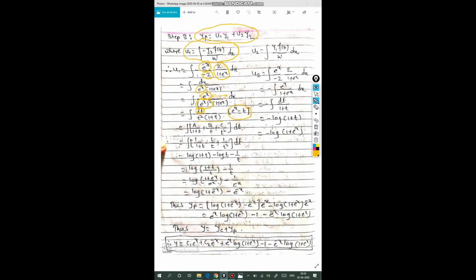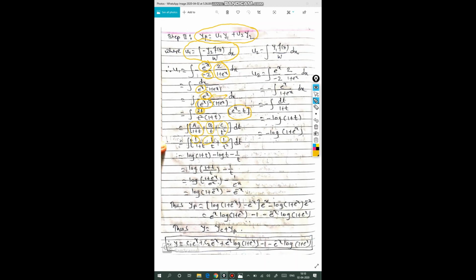To integrate this, the factors are in the denominator, so partial fractions: A upon 1 plus t plus B by t plus C by t square. This is the partial fraction for the linear factor and the repeated factor t. We have to find the values of capital A, B, C. You can find these values by partial fractions. I have written directly: the value of A will come 1, the value of B is minus 1, and the value of C is plus 1.